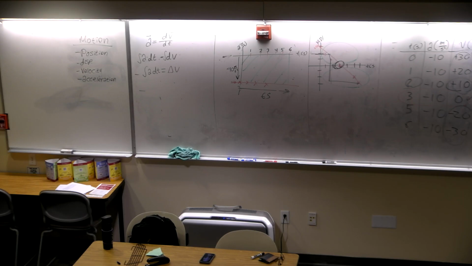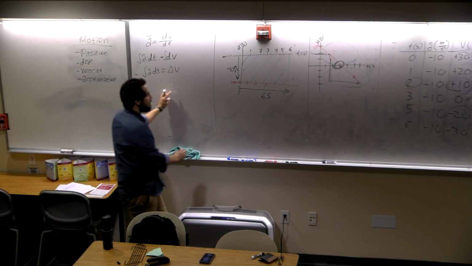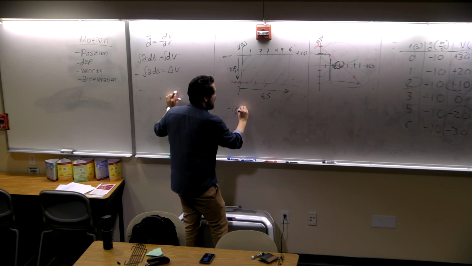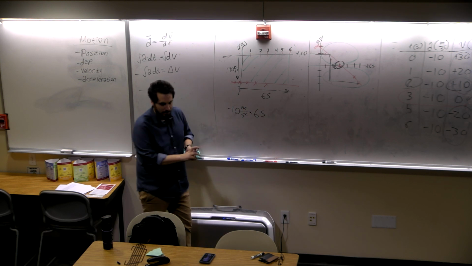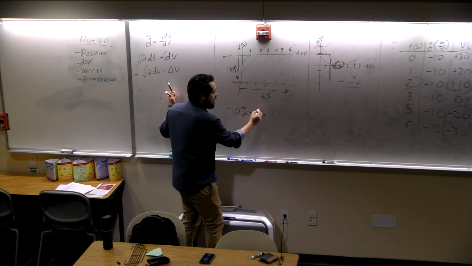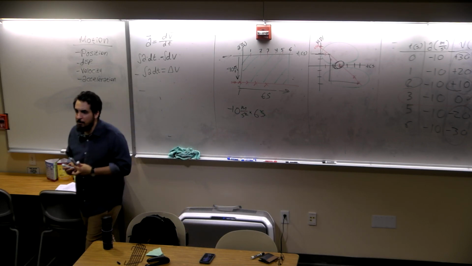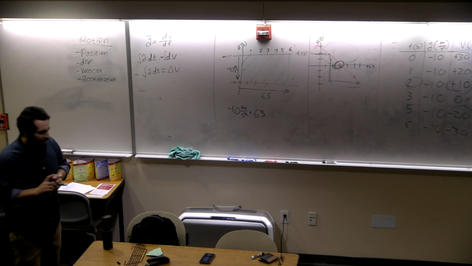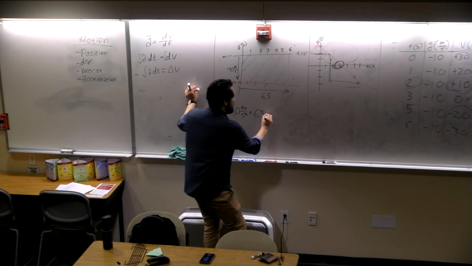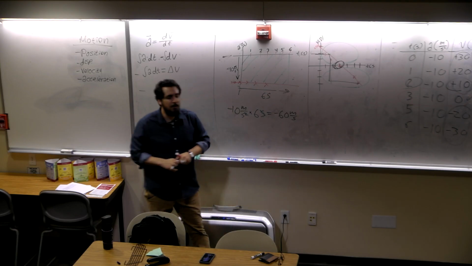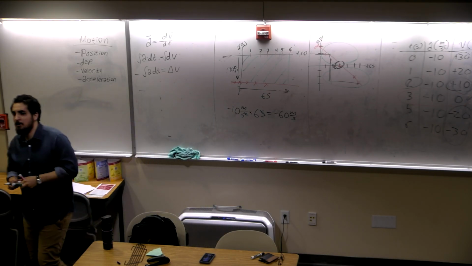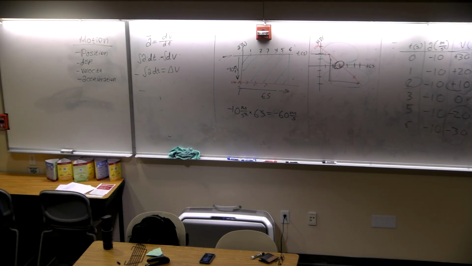What is the area? Negative 60. You do negative 10 meters per second squared multiplied by 6 seconds. One of your seconds cancels out with the denominator of meters per second squared, and you get negative 60 meters per second. This should be your change in velocity during these 6 seconds.